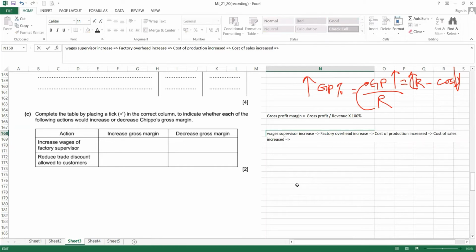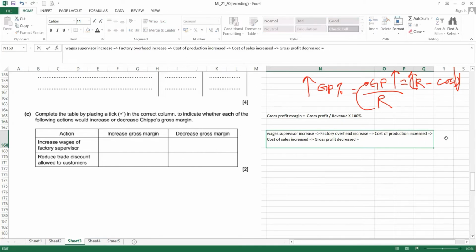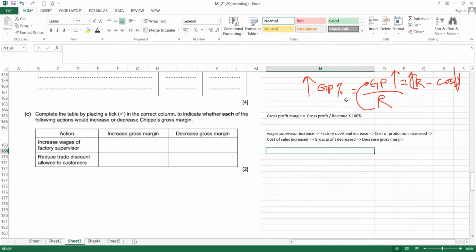When cost of sales increase, gross profit decreases. That is the impact of the information given. So for this one, increase wages of factory supervisor, decrease in the gross profit margin. So your answer will be decrease gross margin, using the formula indicated here.